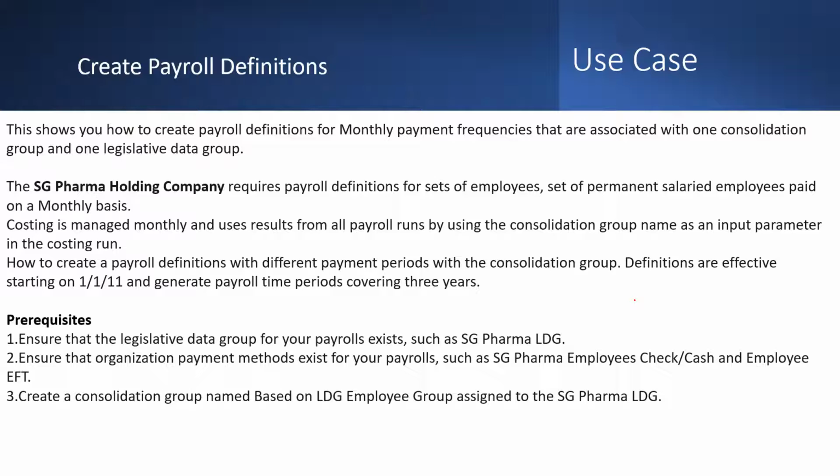We have to create a payroll definition with a different payroll period and the same consolidation group, effective starting from 1st of Jan 2011. We can create it on 1st of Jan 2022 as well, and it is going to cover 3 years. Clear?